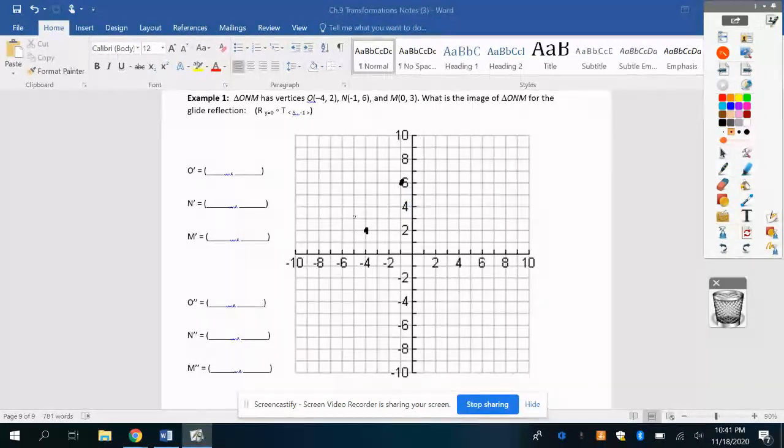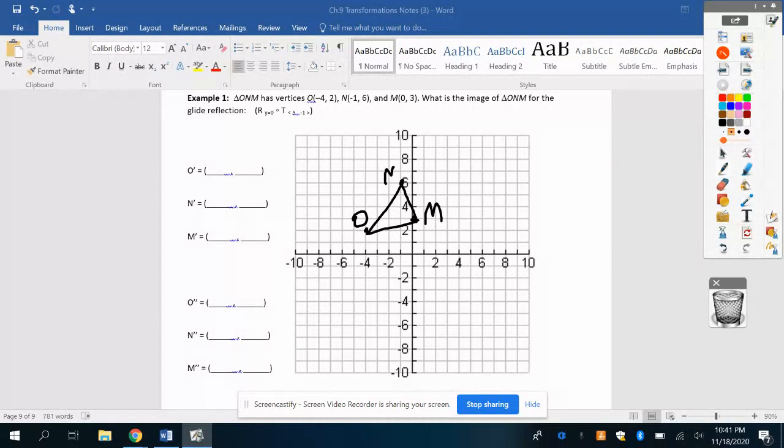So we've got O here, we've got N here, and then M is at (0, 3), which is right here. There's our M. Again, we are going to do the following glide reflection: reflecting over the line y equals 0 and translating 5 units in the x, -1 in the y.